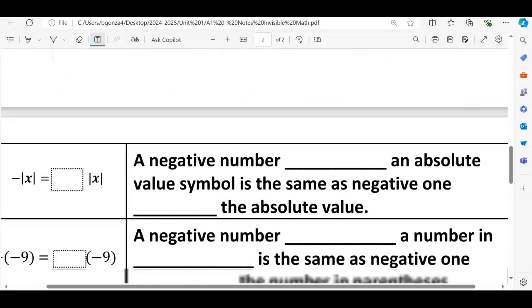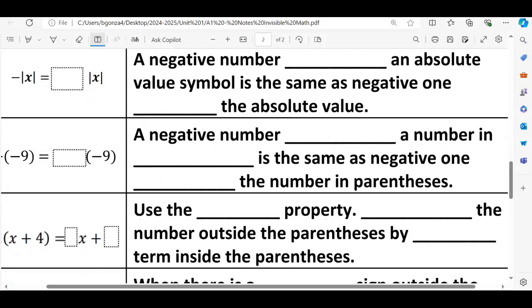All right, flipping it over. Now this is kind of new. We're not going to see this again for a while, but if you see those two vertical lines, this is called absolute value. Okay? Two vertical lines, absolute value. All that means is it stays positive.